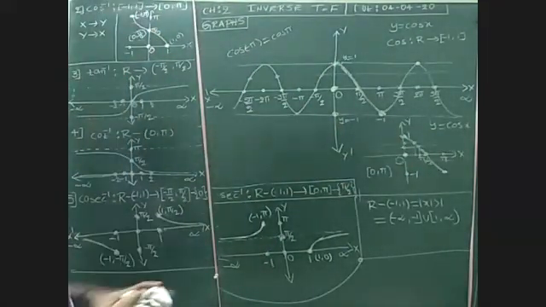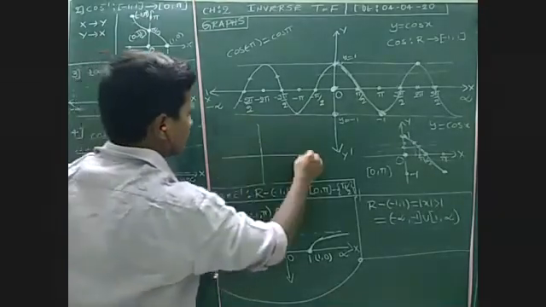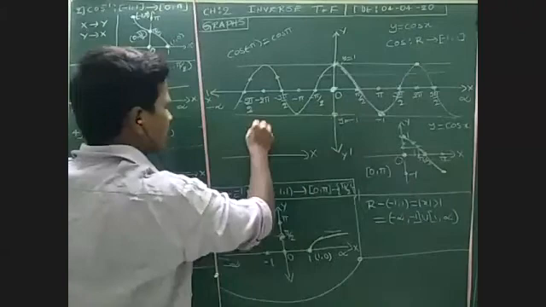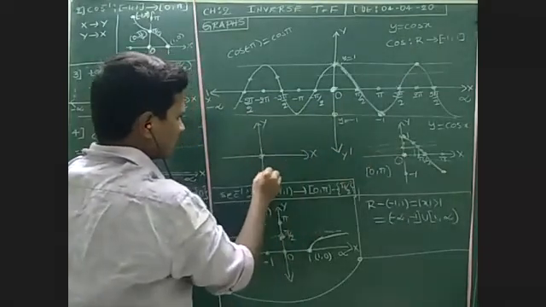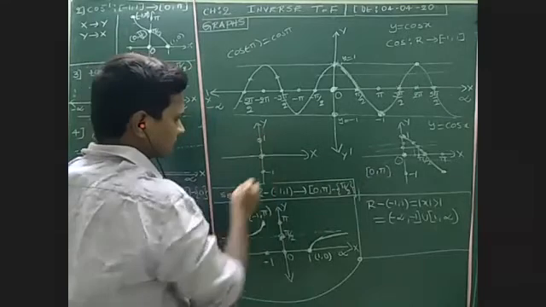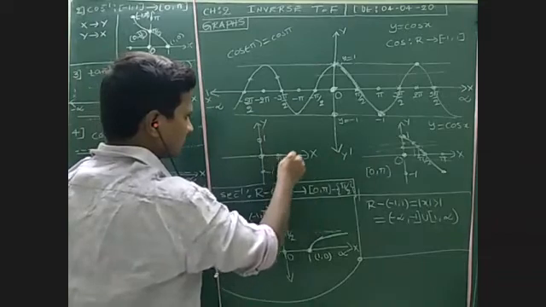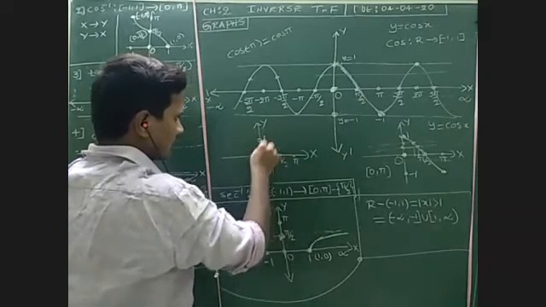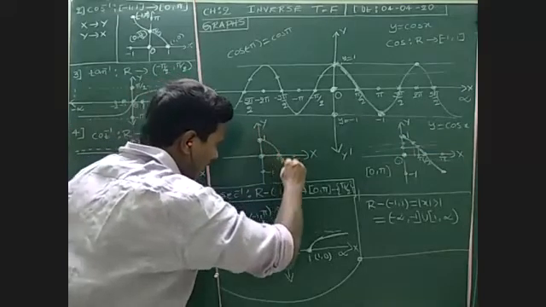If you understood this, inverse is very easy. And one more thing you can simply remember: this is the x-axis, this is the y-axis, this is -1 to 1. The graph of y equals cos x: cos 0 is 1, cos 90 is 0.